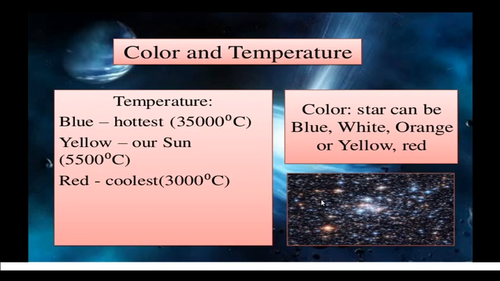When you watch the sky, we can see blue color, and we can see yellow color also. Orange color is also there, isn't it? So the star can be of blue, white, orange, yellow or red color depending upon its temperature.